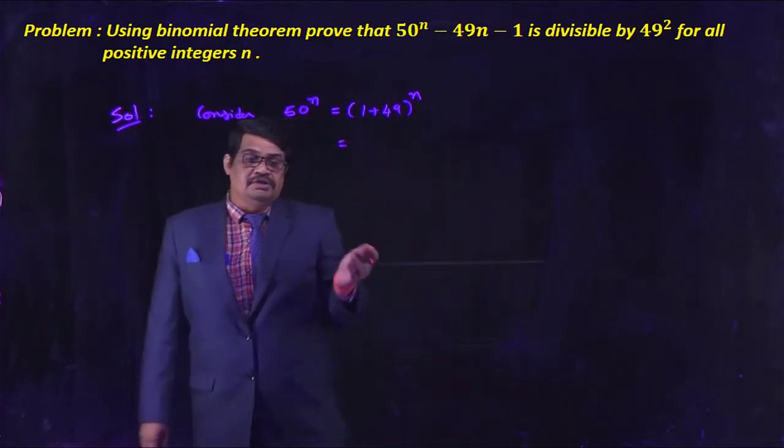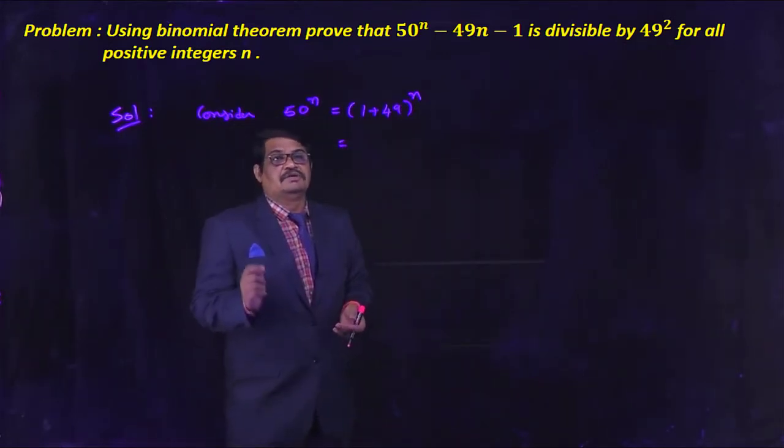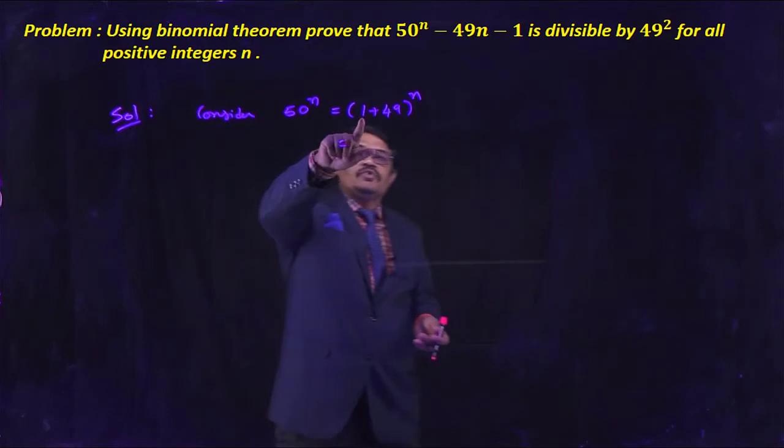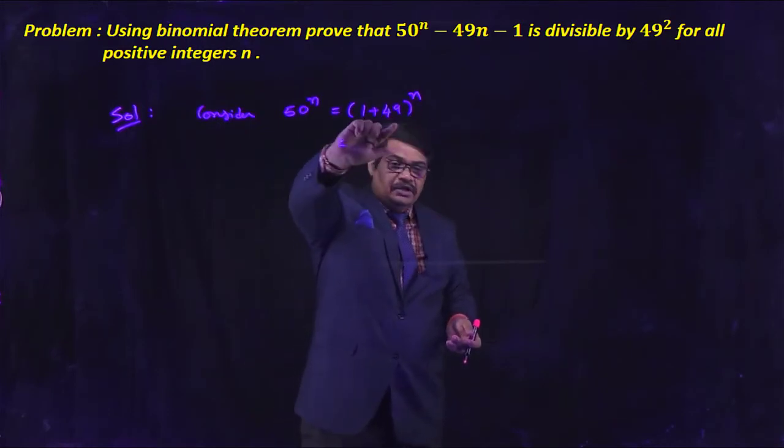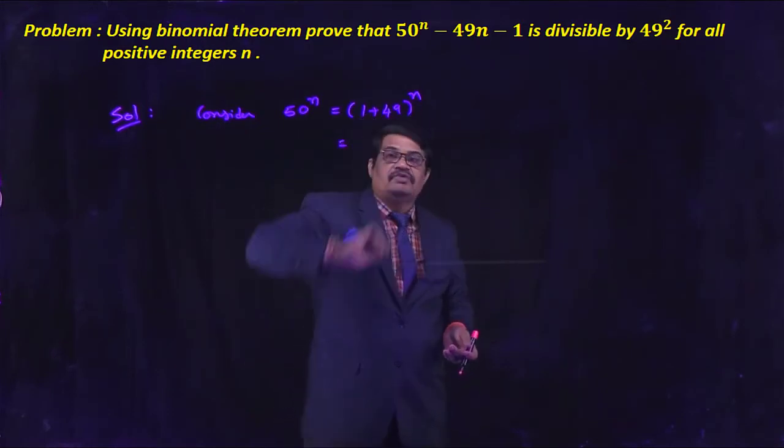Now we are using the binomial expansion. What is here? (1 plus x) whole power n. In the place of x here we are writing 49.